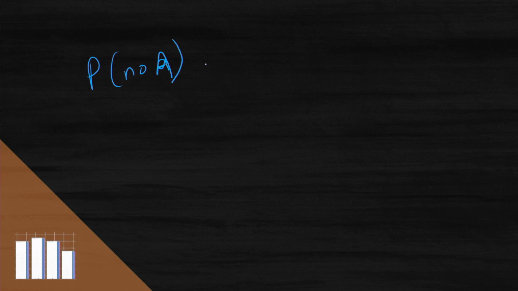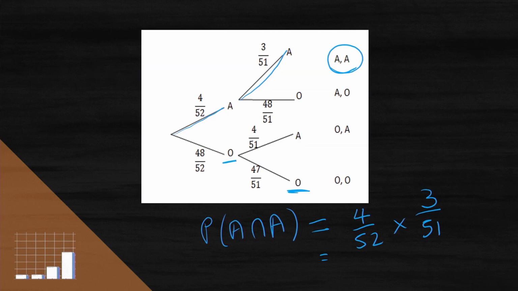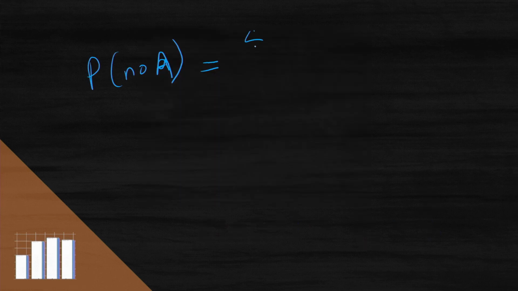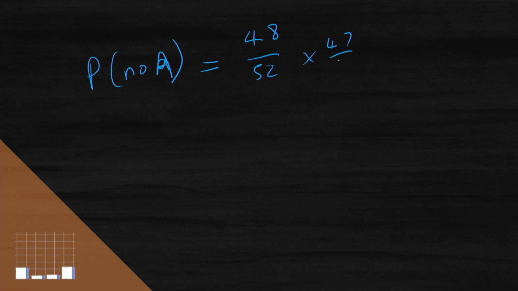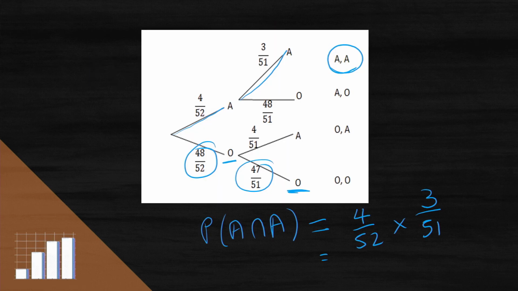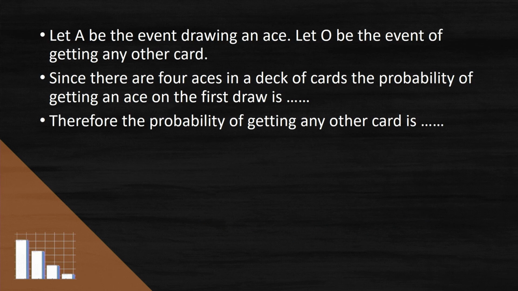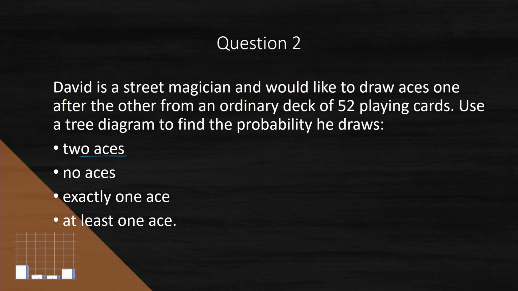So the probability of no aces is going to be equal to 48 over 52 times 47 over 51. All right, again, you can multiply that out with a calculator to see what answer you get and leave your answer in decimal, percentage, or fractional form.